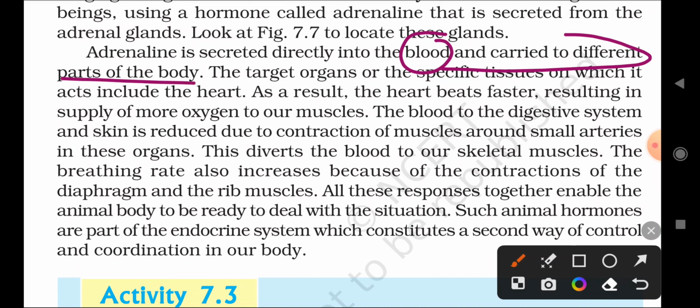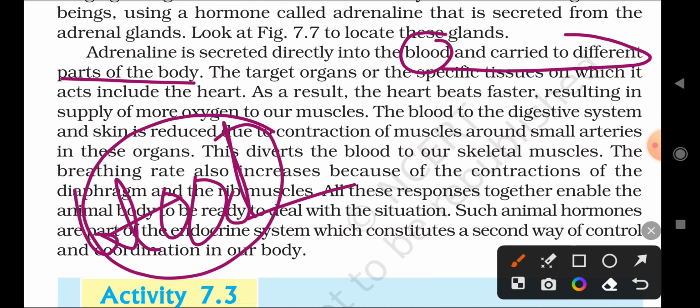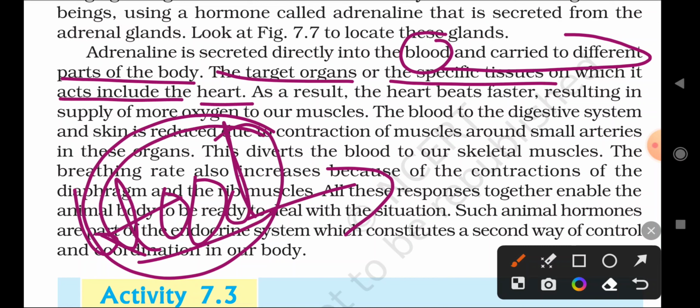First it will be secreted into the blood, and the blood will transport the adrenaline hormone to different parts of the body, and the target organs or the specific tissues on which it acts include the heart. Okay, after the adrenaline hormone is secreted into the blood, it passes through different parts of the body, and also to targeted organs like the heart.